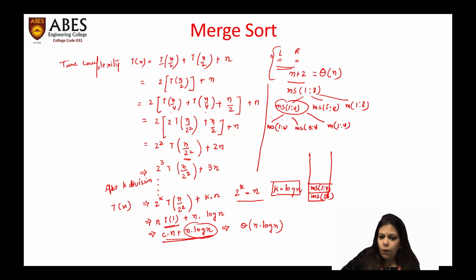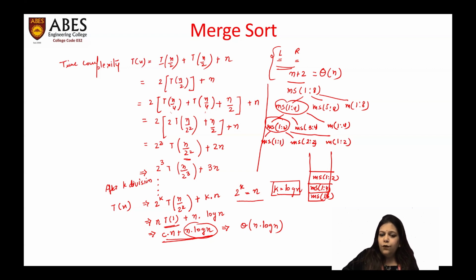Now the call merge sort 1 to 2 will be executed and stored in the activation record. For this, again, we will have merge sort 1 to 1, merge sort 2 to 2, and then merge 1 to 2.